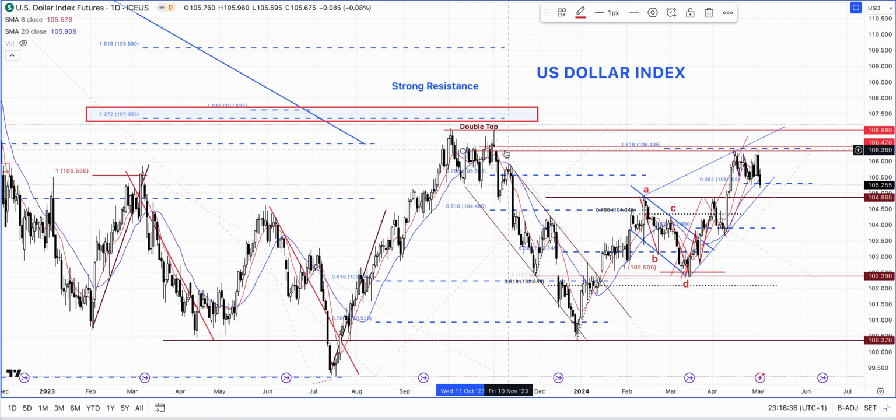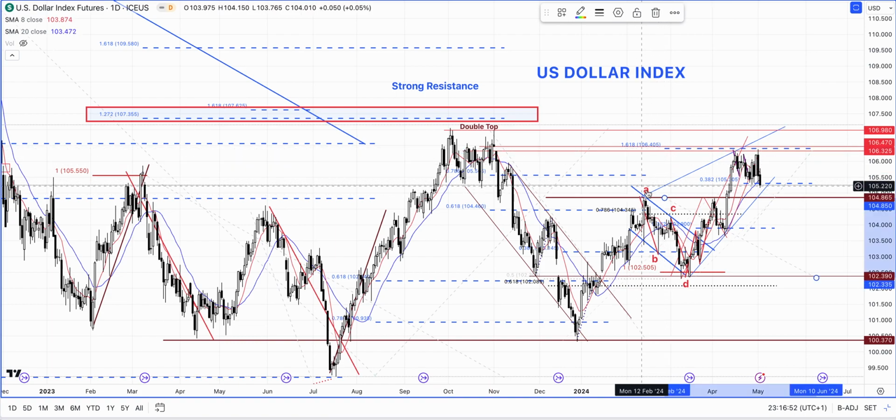So there's a gap around here. It had left a gap, which is something not very commonly seen, but there is in fact a gap on this chart. And this is exactly where the price has gone into, and it's also the 1.618 expansion of this move here. This one's a little bit of a correction it had here.